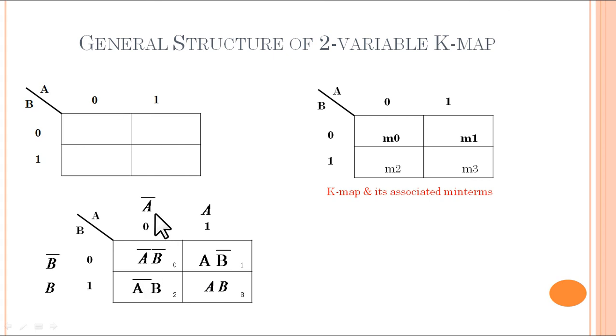So this column will always be A bar, so you find A bar and A bar. Always this column is 1, A, you find it. Always this row represents 0, that is B bar, so you find B bar. Always this row represents 1, so you find B. This is the general structure of the two variable K-map.